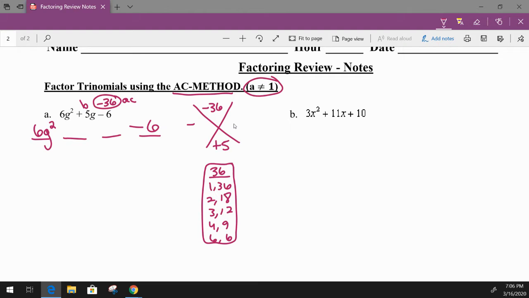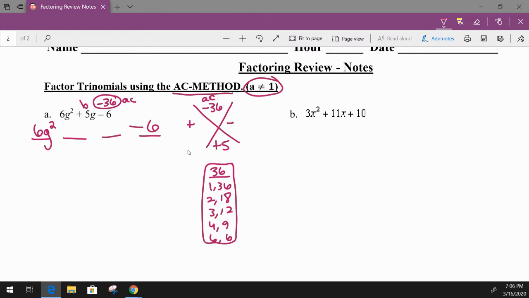One's going to have to be positive and the other is going to have to be negative. But when you're adding the numbers together, they have to add up to a +5. So whenever my C or AC is negative, I try to ask myself, well, what two numbers multiply together to equal 36, but subtract or have a difference of 5?